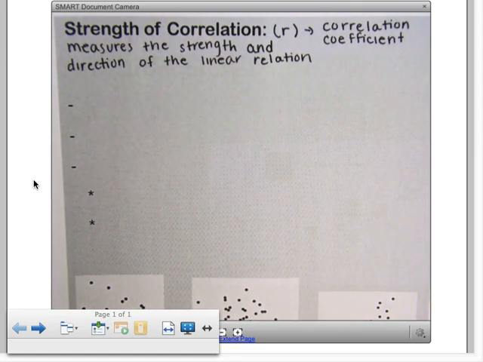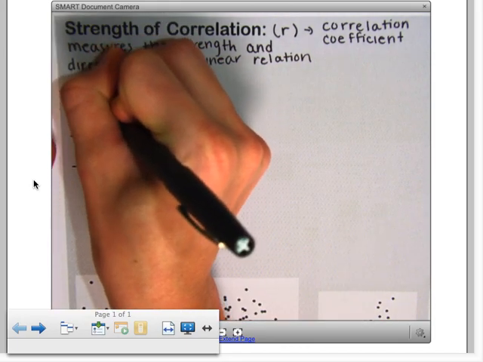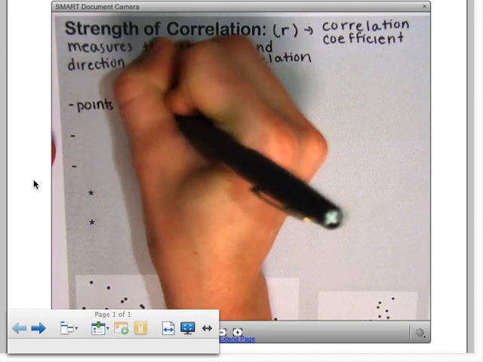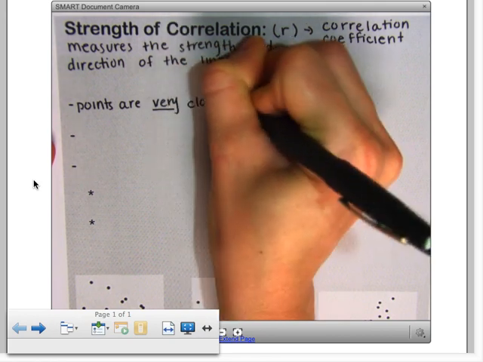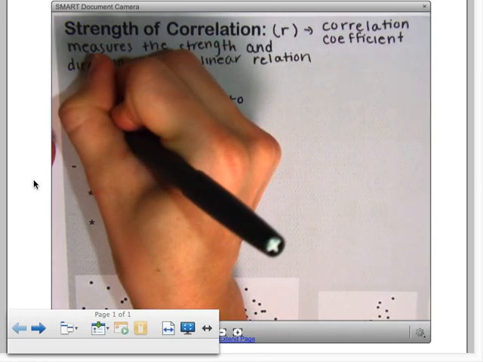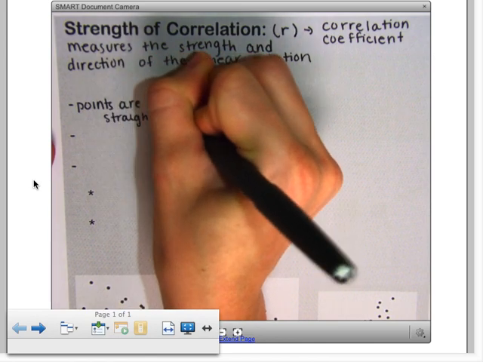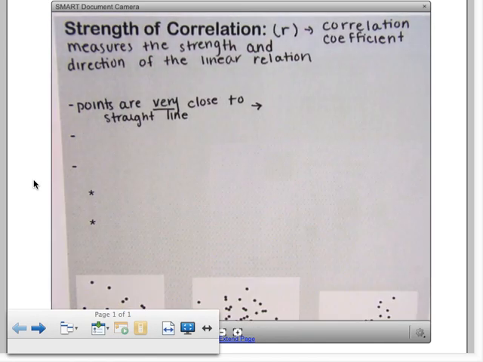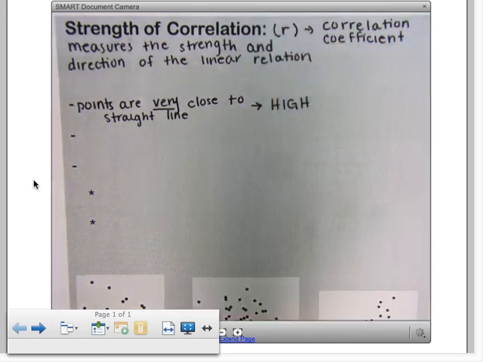Okay, so again, there are three cases. The first case, if the points are very close to a straight line, this means that there is high correlation.